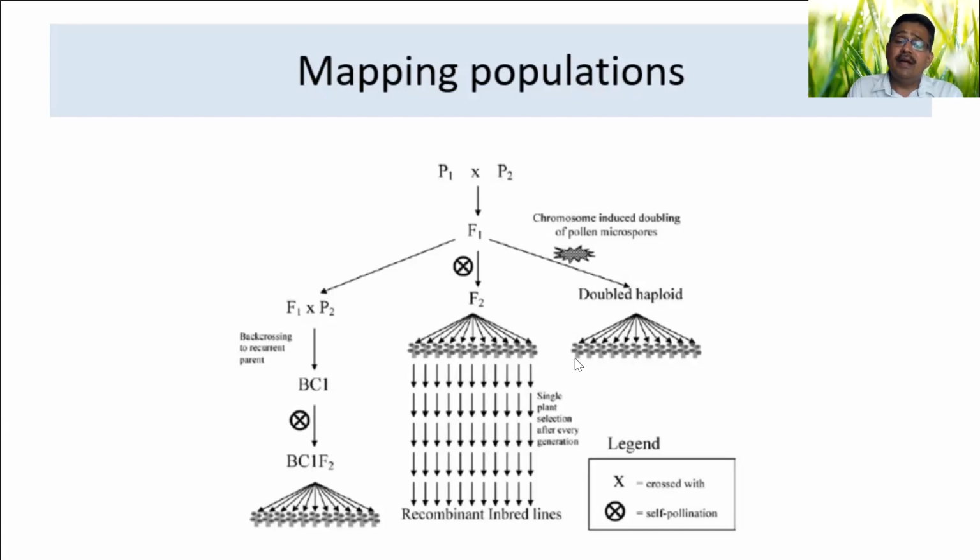When F1s are doubled using any DH development method, which you already studied in the tissue culture course, we can develop a DH line that becomes homozygous. The F2s become stabilized immediately, instead of going through many generations of selfing, and the recombinants are immediately doubled.